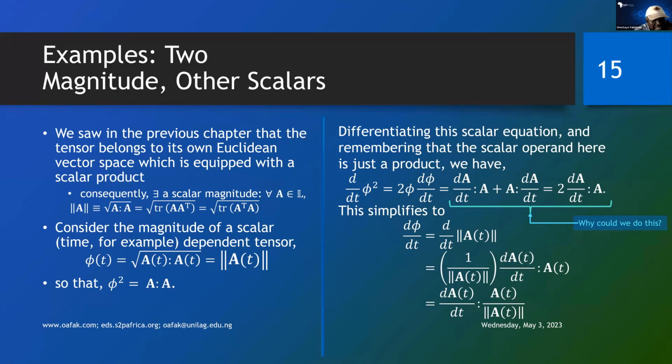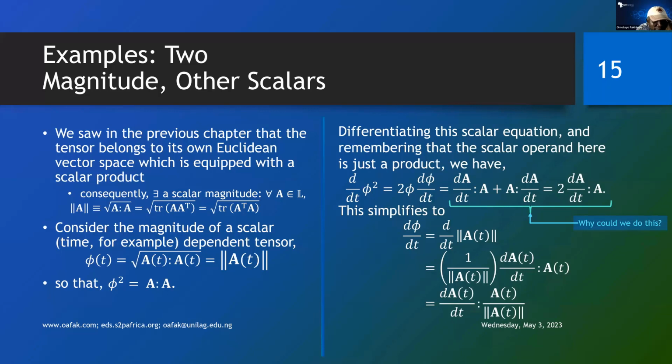So consider the magnitude of a scalar dependent tensor. Sorry, it's a tensor that is dependent on a scalar. Let us say its magnitude.